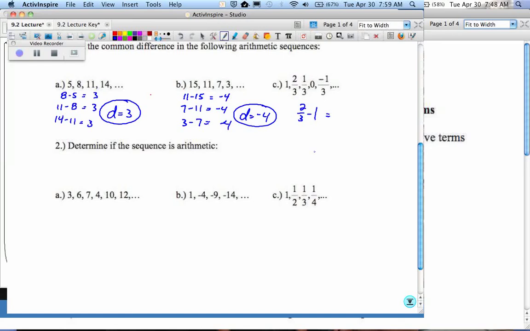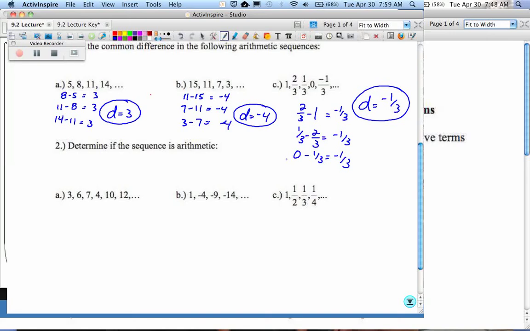What is that? Negative 1/3. 1/3 minus 2/3 is also negative 1/3. 0 minus 1/3, yeah, negative 1/3. Got it? D is negative 1/3. Okay? Any questions on finding D?